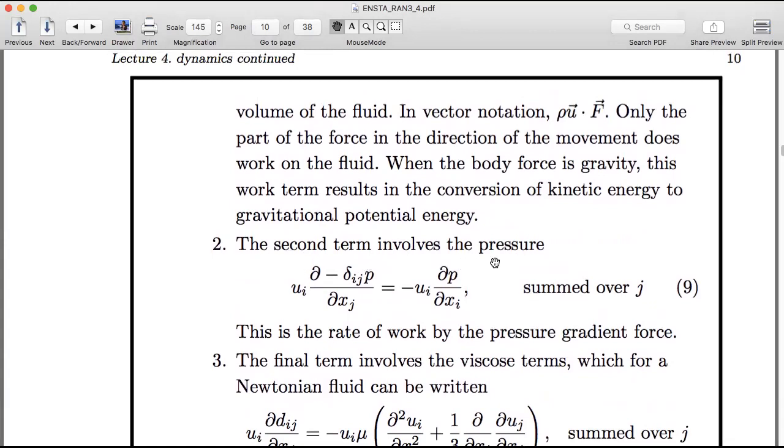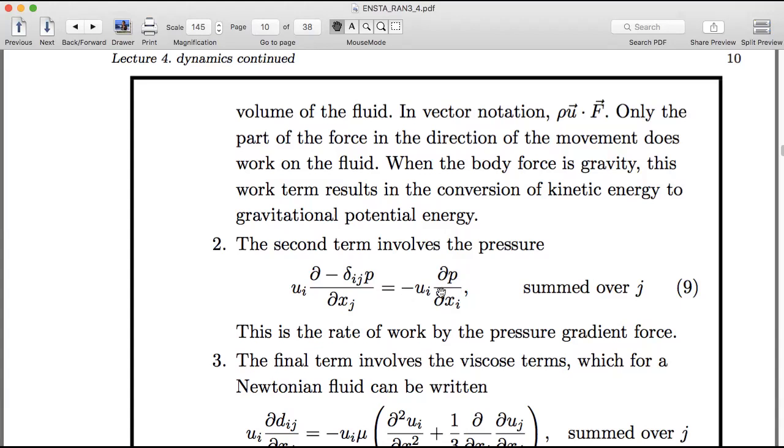The second term involves the pressure, and it's ui times the derivative with respect to xj of delta ij p. Well, that just becomes, when you sum over j and take into account that this Kronecker delta is 0 except when i equals j, the ith derivative, the xi derivative of pressure.